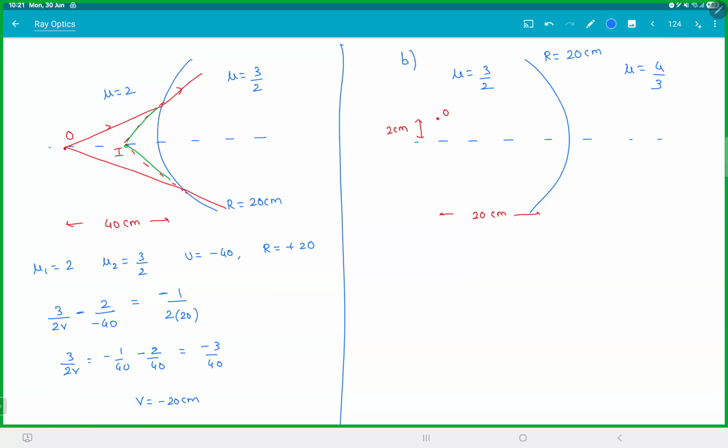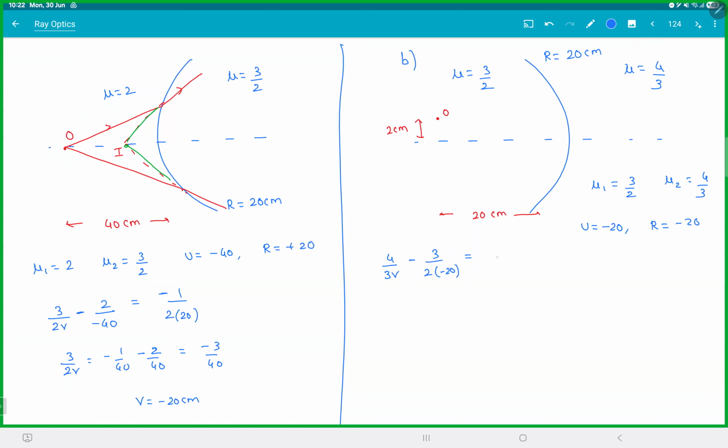Same story here. Mu1, 3 by 2. Mu2, 4 by 3. Numbers are bad. U is minus 20. R is also minus 20. Substitute in the formula. 4 by 3 V minus 3 by 2 U equals mu2 minus mu1.